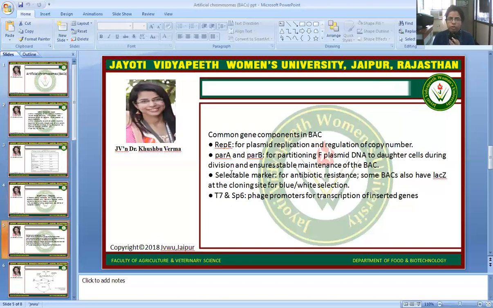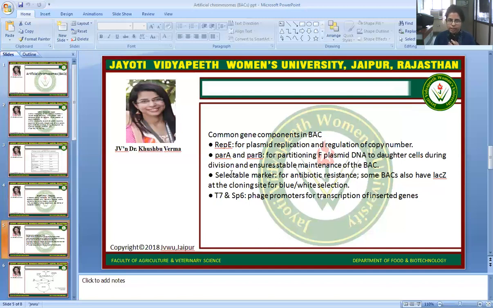If we talk about the common gene components in BAC, there are four components. First, RepE, which is required for plasmid replication and regulation of copy number. Next are parA and parB, for partitioning F plasmid DNA to daughter cells during division and ensuring stable maintenance of BAC.